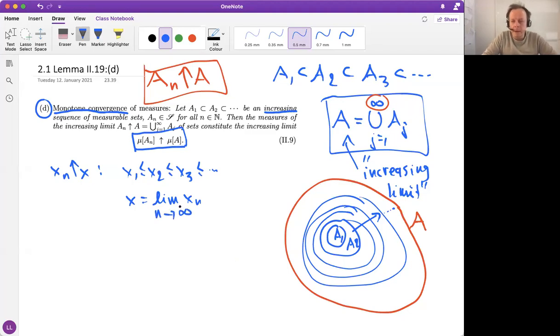Is this limit well defined always? If this is a bounded sequence, then it's a well-defined real number, the limit. If this sequence is not bounded, then this limit is well defined, again, in the extended number set. Okay. Now we know the claim of this result.